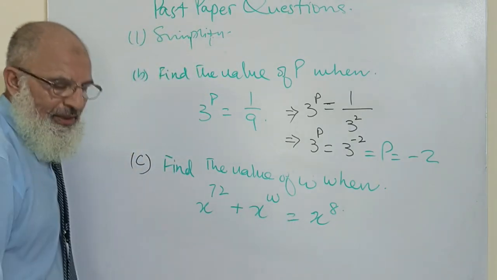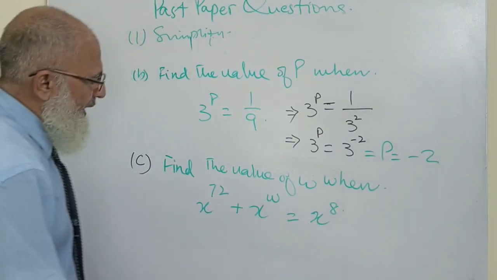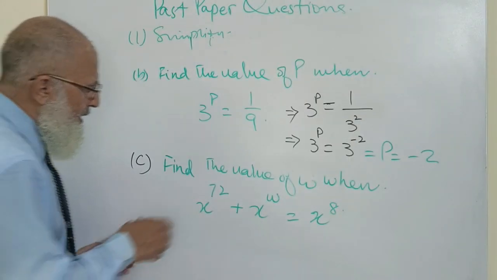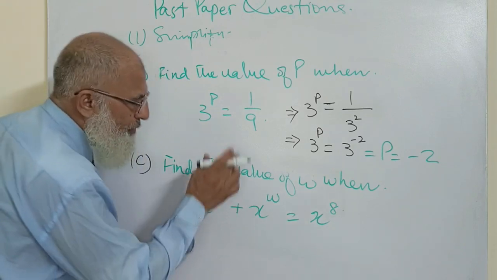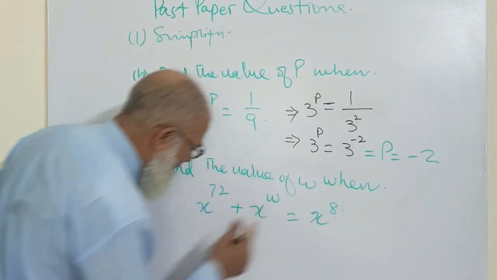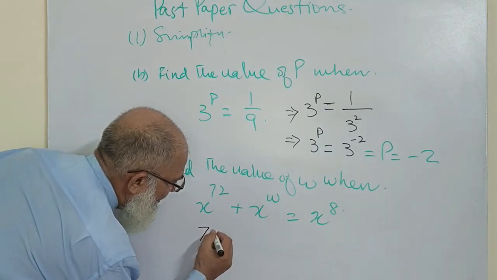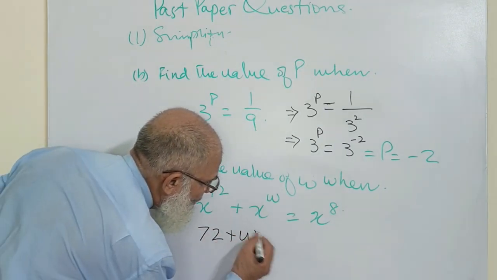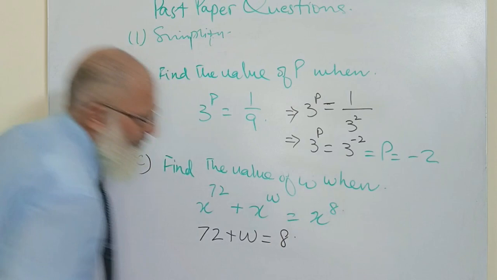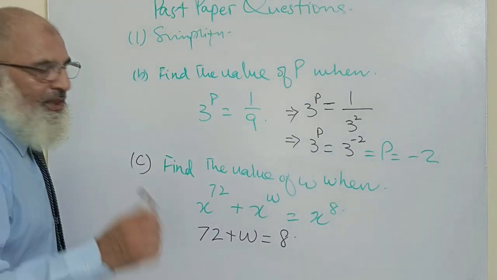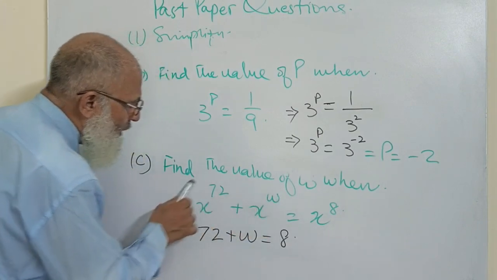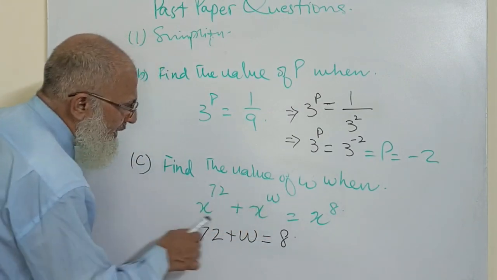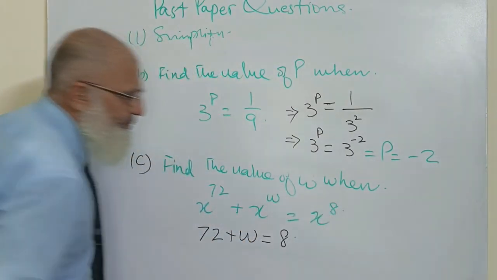So what is the trouble over here? We'll only take the values which are written in the indices. That means 72 plus w is equal to 8. This is why we have done it, because this whole side is equal to this whole side.